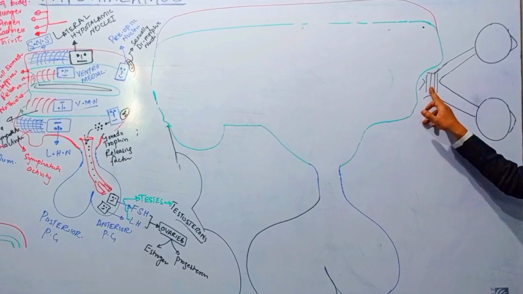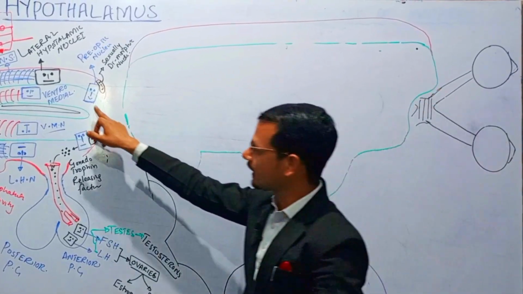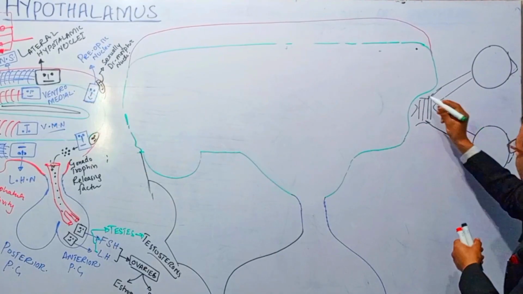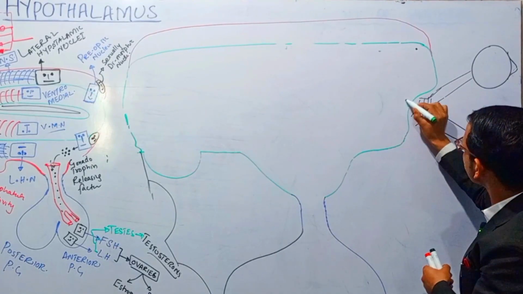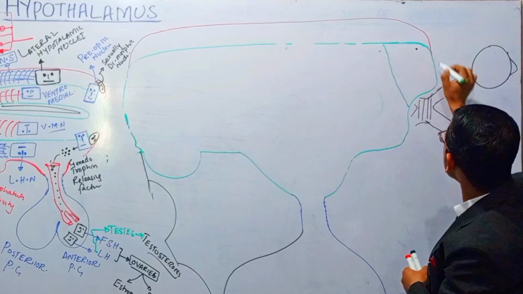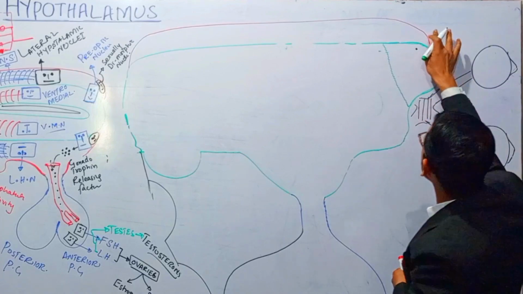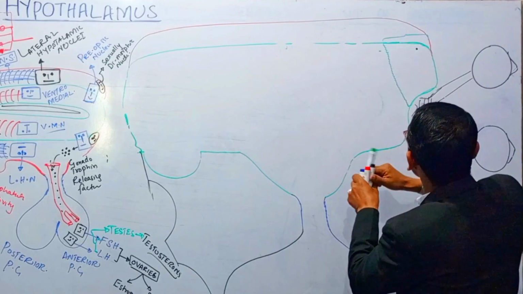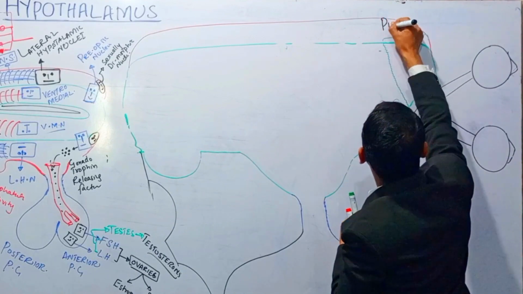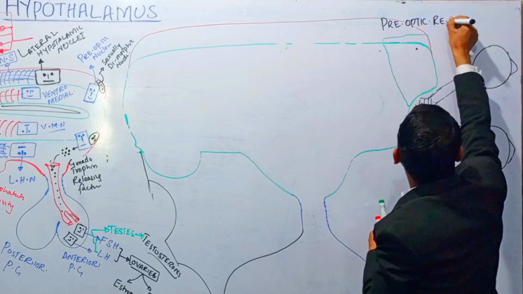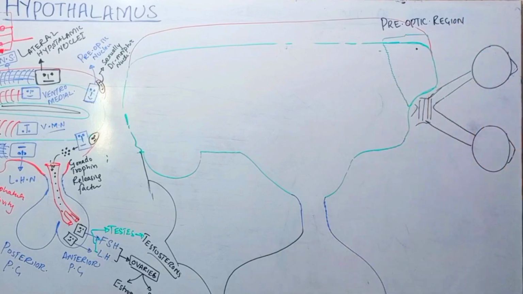This is the chiasma. Here we have the preoptic nuclei. So this first region is called the preoptic region.